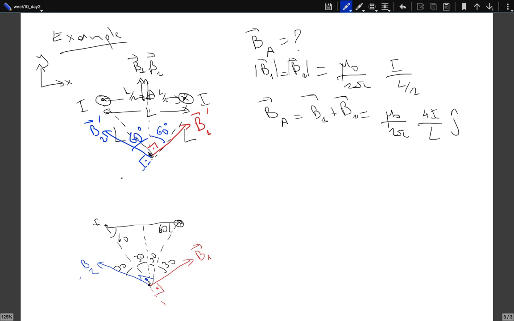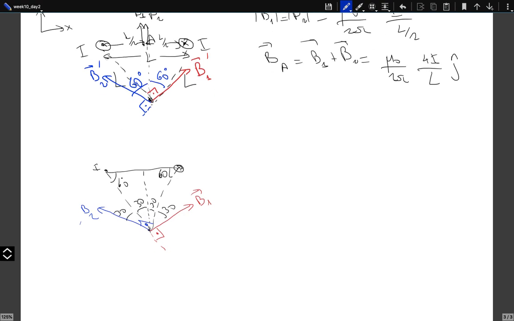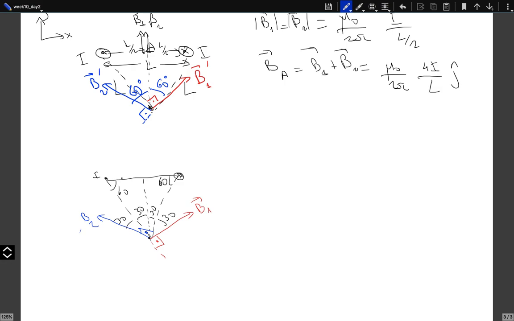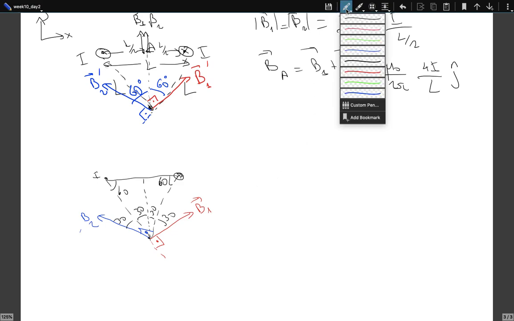In this figure over here, you see this angle itself is 30 degrees. Okay, now let's come back over here. When I sum these two, they will in fact coincide with this line, because they have equal magnitudes.